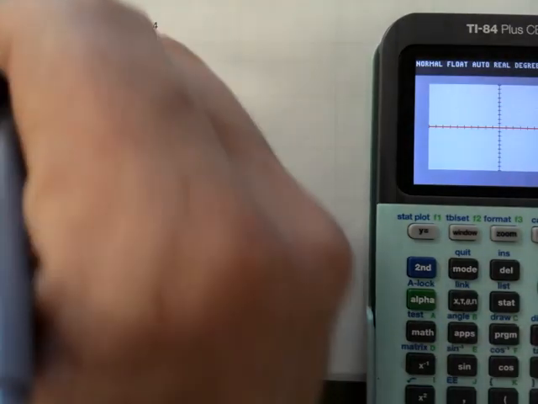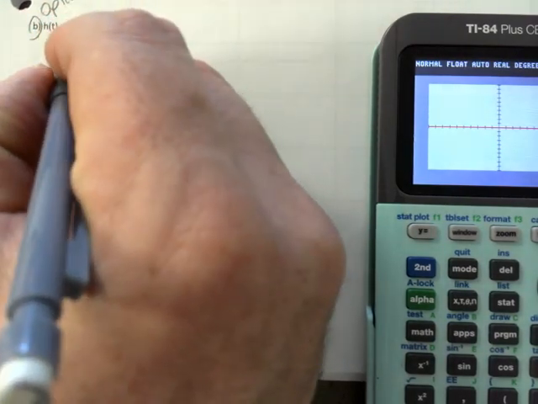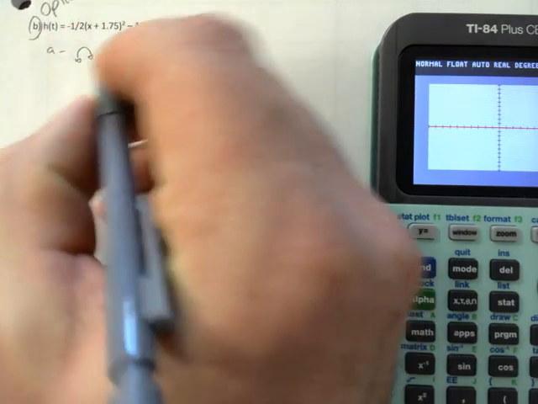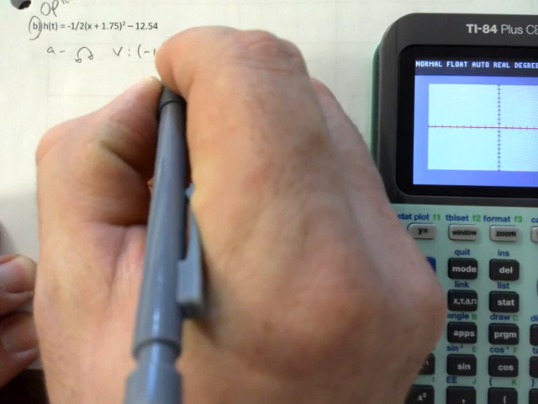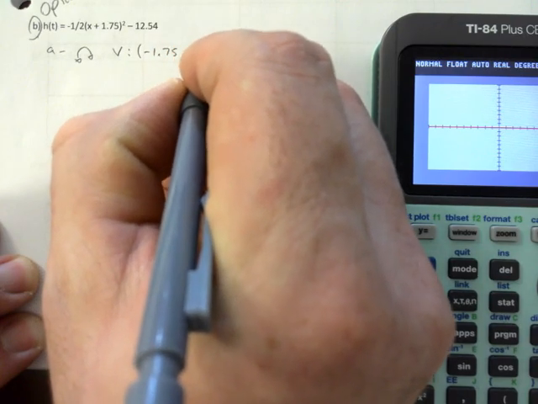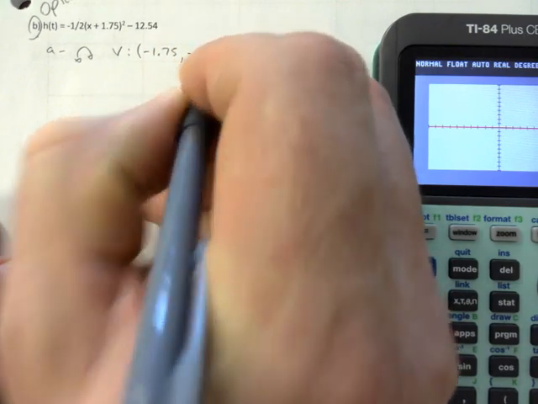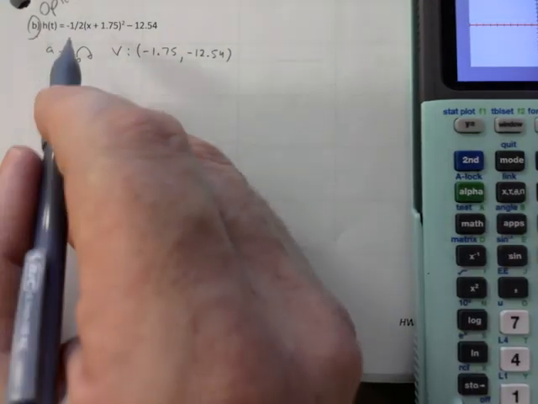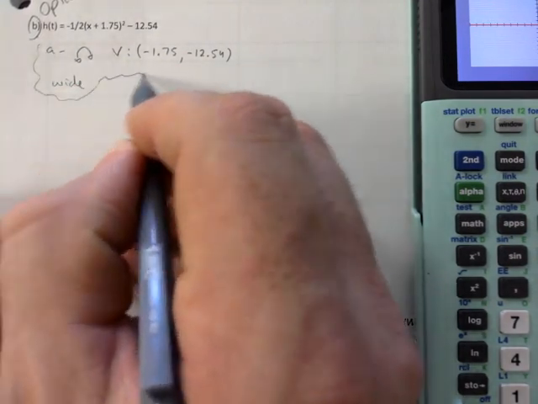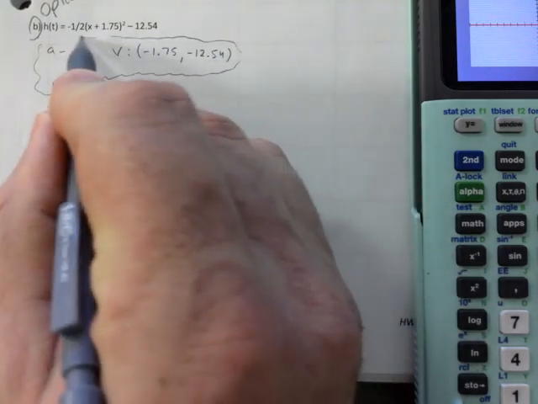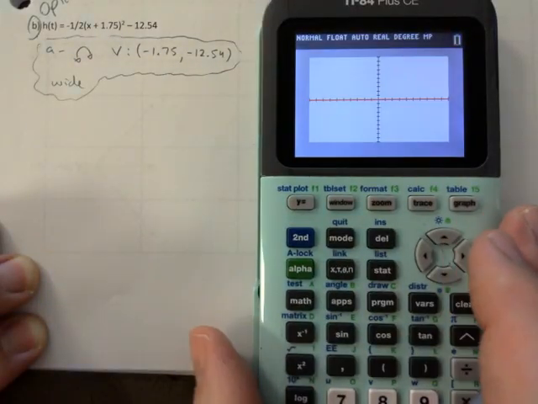But let's see here. I'm going to say A is negative, so this is expected. The vertex, I can tell it's going to be negative 1.75, negative 12.54. It's going to be a wide bubble, right? I know that already without even going any further.